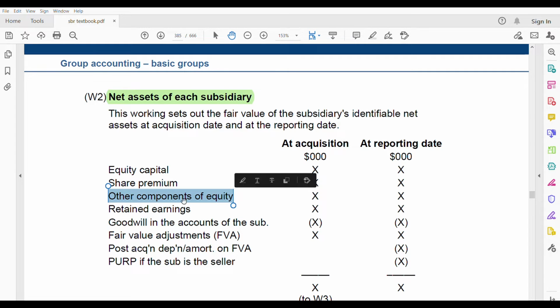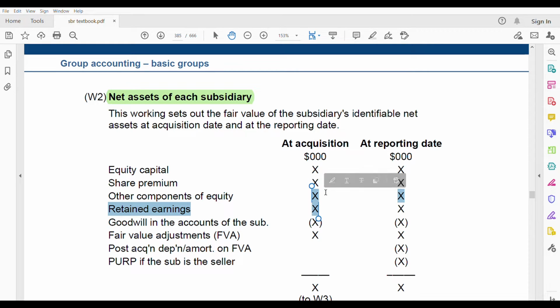Other components of equity at reporting date comes from the statement of financial position. It's given to you, that only you have to write. What about acquisition? They will give you in the case study. In some paragraphs they will write what the other components of equity were. Retained earnings also same. Whatever is there in the statement of financial position, that is the reporting date. And acquisition they will give you, same like other components of equity, in the paragraphs.